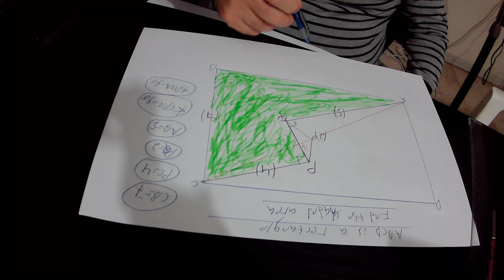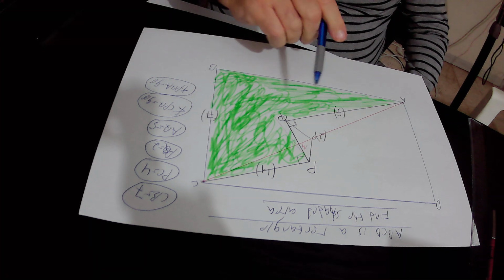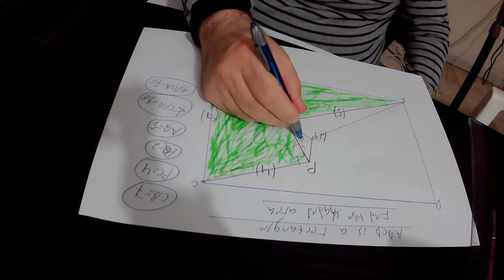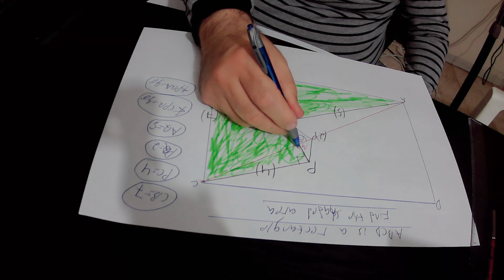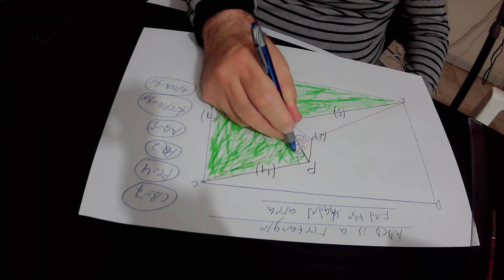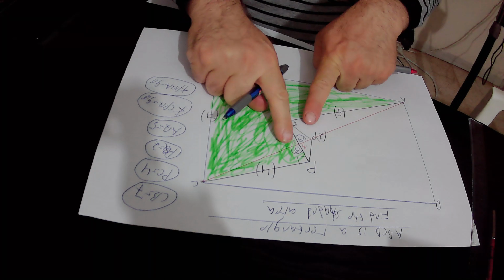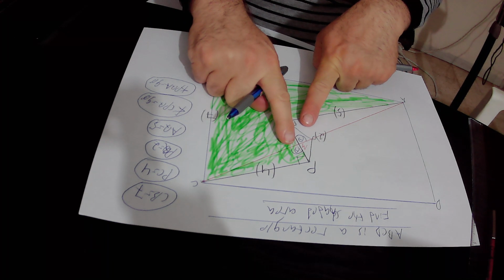So if this angle is theta, then this angle must also equal theta, because those two angles are vertical angles, and vertical angles are equal to each other.